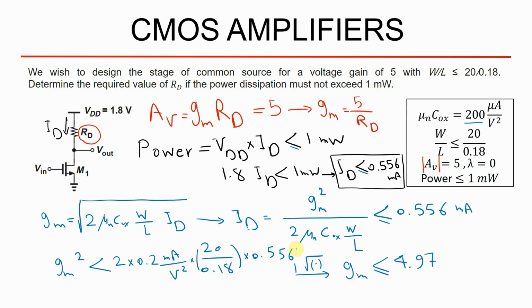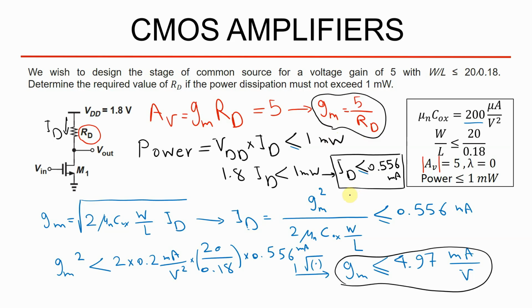This is in milliamp and this is again in milliamp, so milliamp to the power of 2 divided by volt squared, and taking the square root you get the result in milliamp per volt. This is the maximum value for GM. This is GM max, and using this formula along with this one you can get your result for RD, which is the purpose of this video.